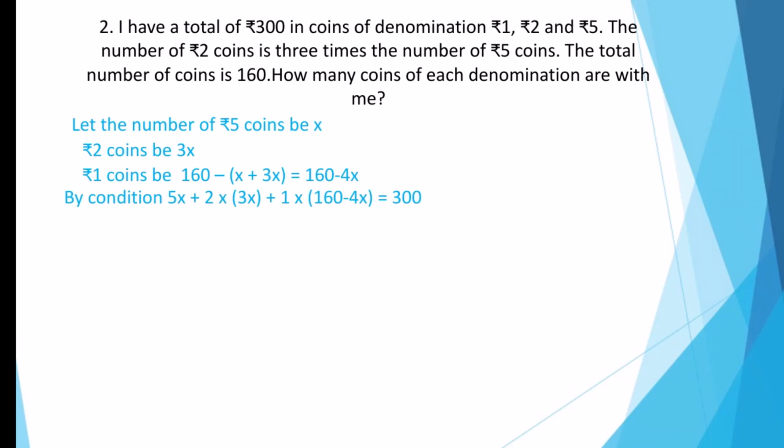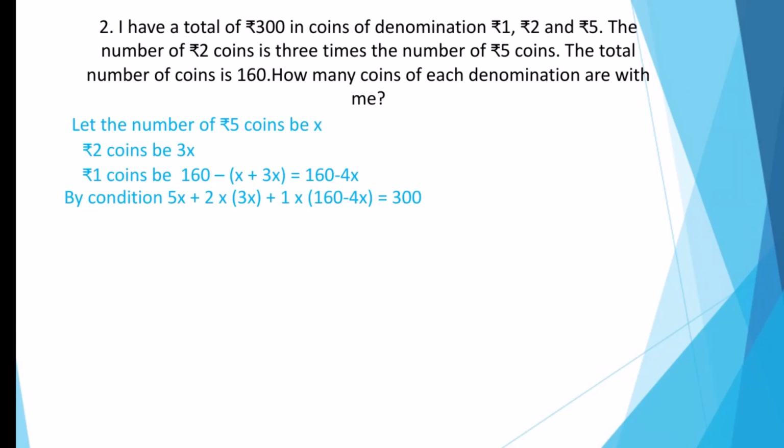Now, by the condition, the total number of coins is 160 and the total sum of these rupees is rupees 300. That is, the number of 5 rupees coins gives 5x, plus the number of 2 rupees coins, 3x coins, gives 2 into 3x, plus the rupees 1 coins, 160 minus 4x, gives 1 into 160 minus 4x.